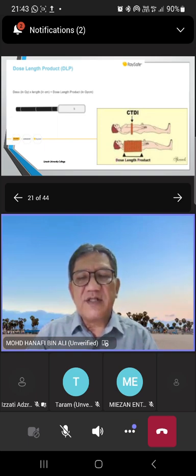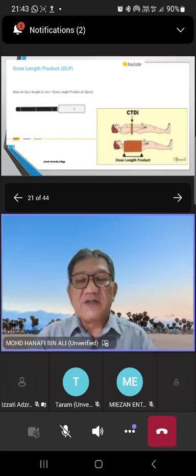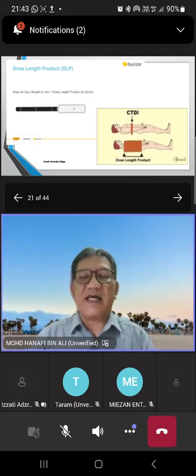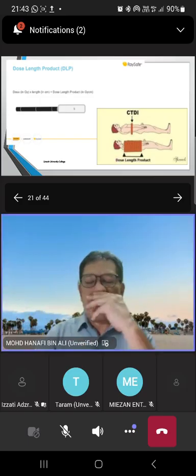And here the dose length product is how far we expose the patient to the radiation. So here we can say that from thorax up to pelvis, the whole abdomen and thorax, is irradiated by CT scan in this examination.